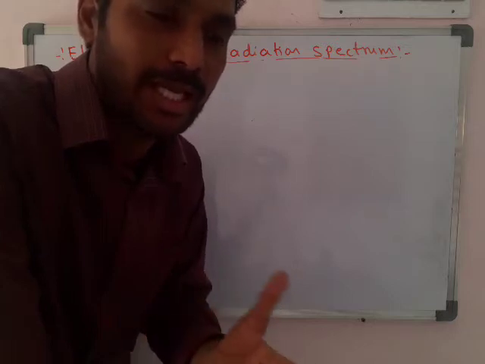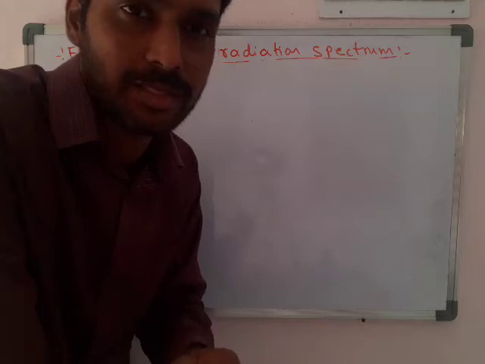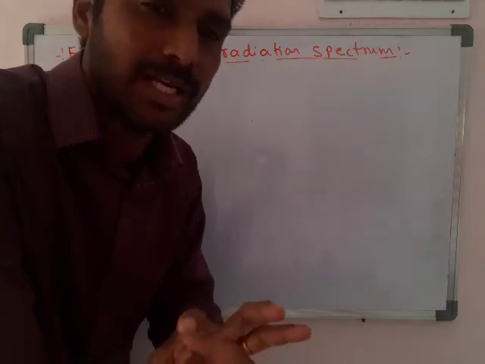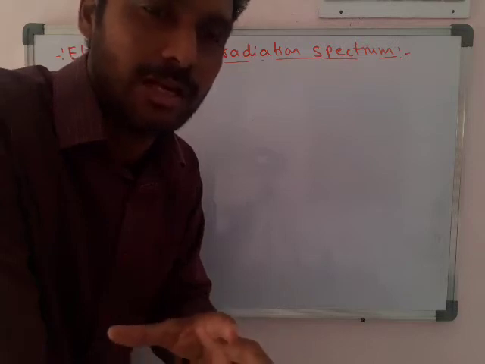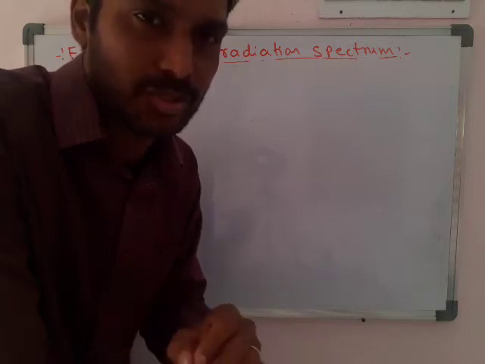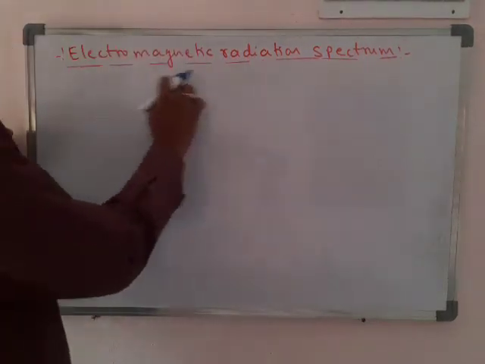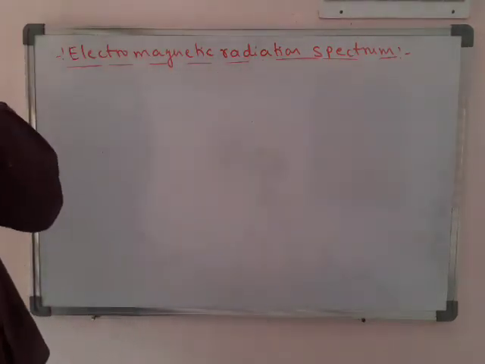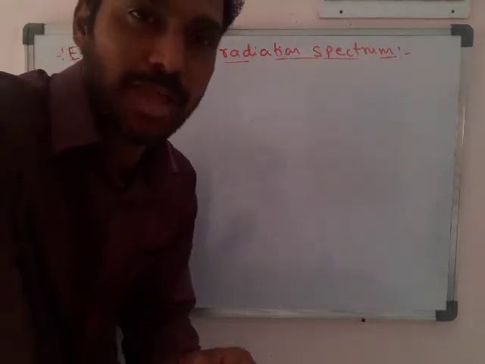It may be an atomic spectrum, or it may be an electromagnetic radiation spectrum. It mainly explains the wavelengths and frequencies of particular radiations.